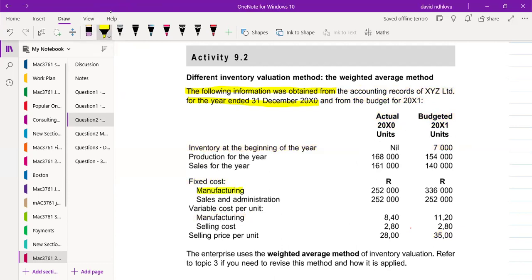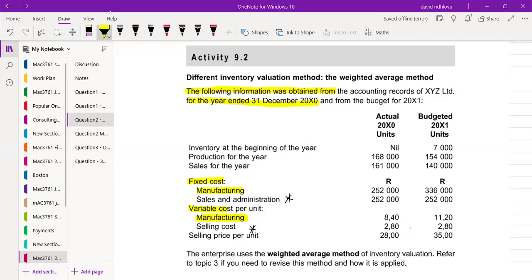So you cannot use anything that is not manufacturing, which means automatically the sales cost is out and the administration cost is out. Then we have to go further and say, if we are going to be using manufacturing costs, remember manufacturing cost has the fixed element and the variable element.